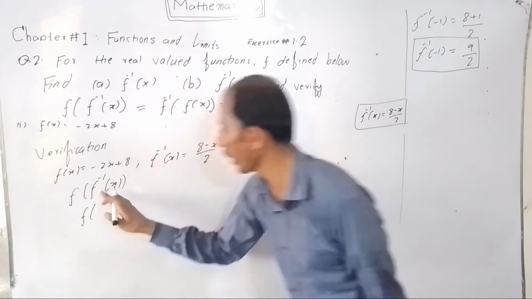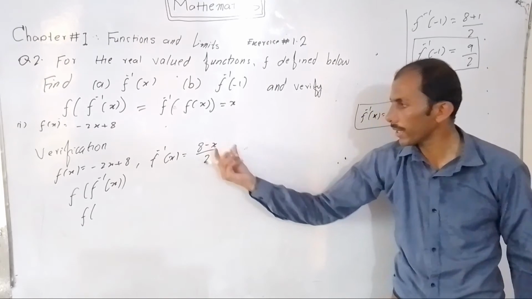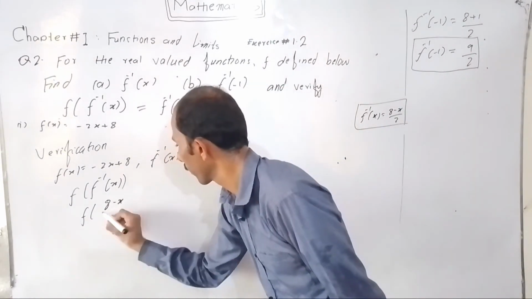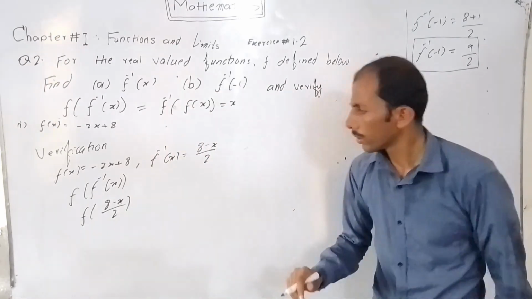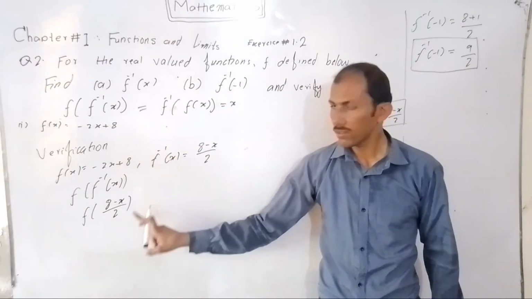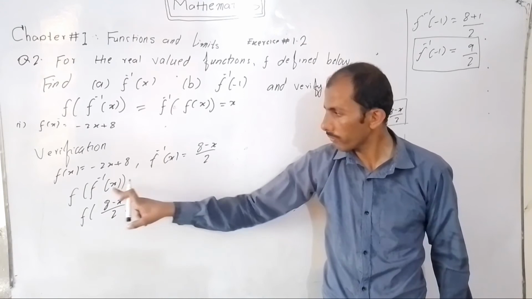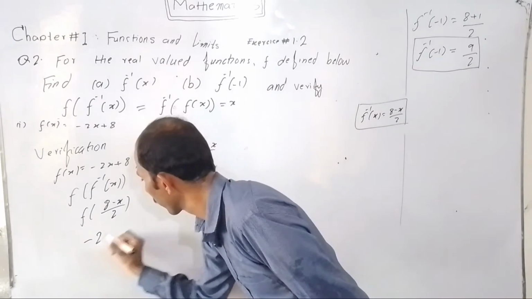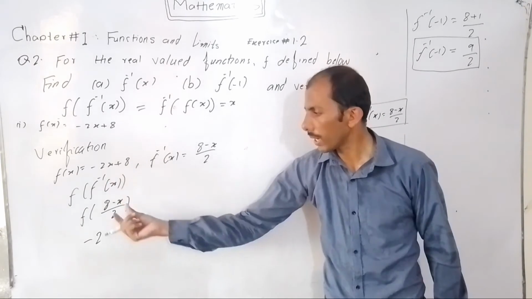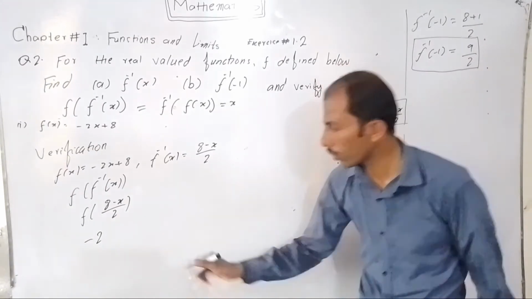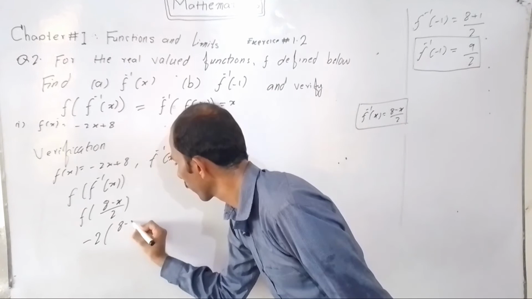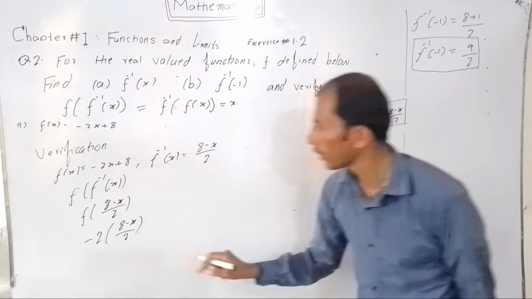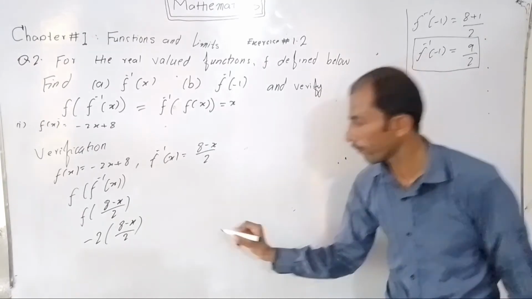So f into 8 minus x divided by 2, so f of x is equal to minus 2, x replaced by 8 minus x divided by 2, plus 8.